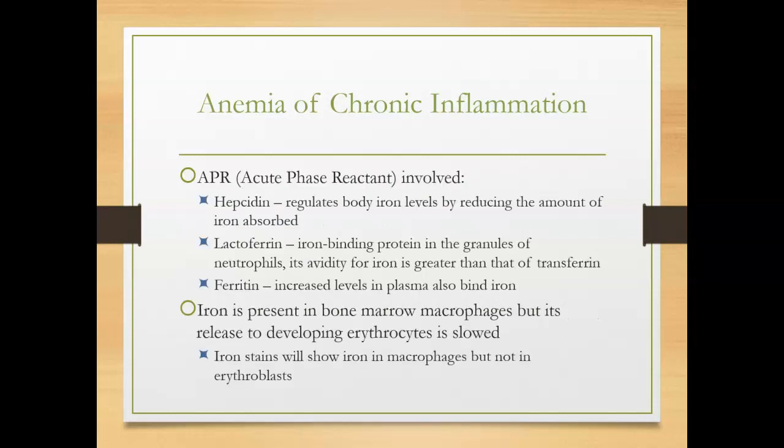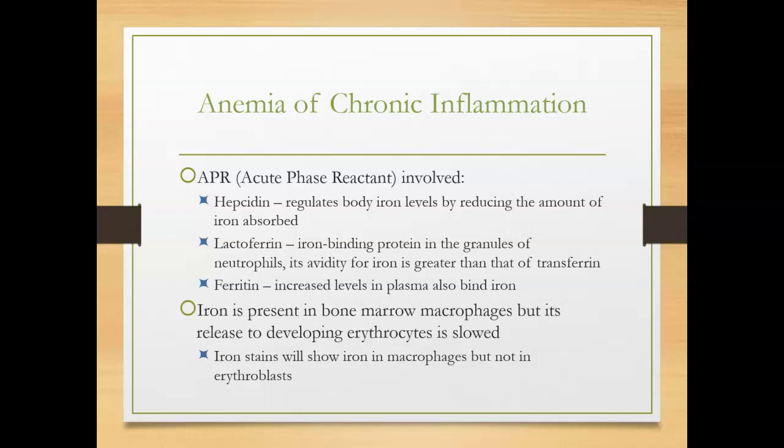So here are some other tests that are involved. We may look at some acute phase reactants. Okay, so hepcidin, which regulates the body's iron levels by reducing the amount of iron absorbed. So that may come into play. Lactoferrin, which is the iron binding protein in the granules of those neutrophils. And ferritin, which is the increased levels of plasma that also bind iron.